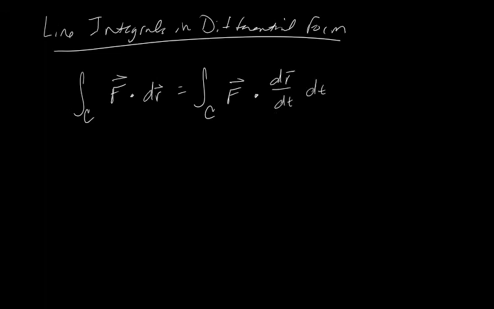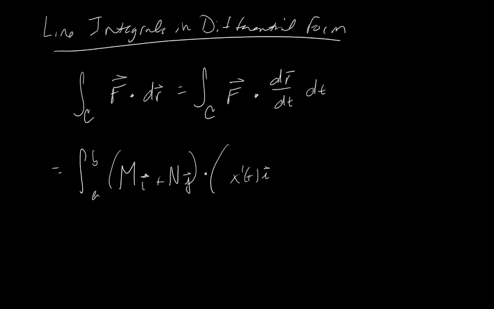Okay, so that's going to be equal to our integral from a to b of M in the i direction plus N in the j direction, dotted with x prime of t in the i direction plus y prime of t in the j direction, dt.